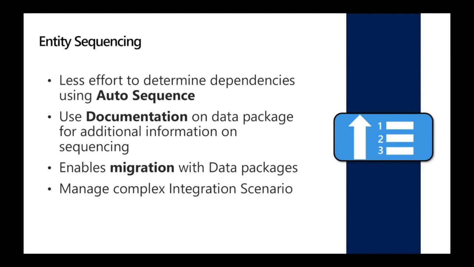There is a kind of numbering schema, and it will help you identify which packages depend on each other. All that will help you make sure that you can do your migrations using data packages, and that you can do it also for complex integration scenarios.